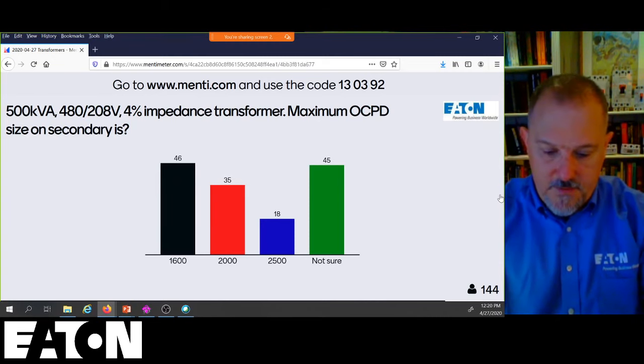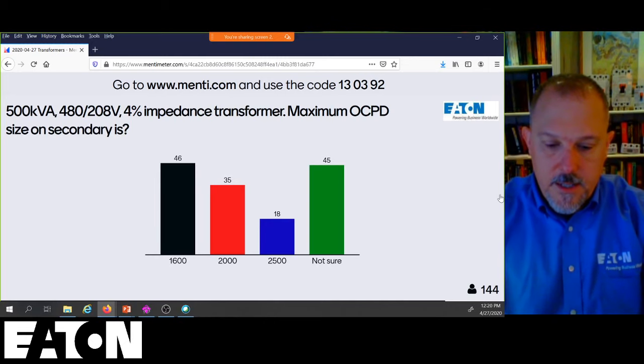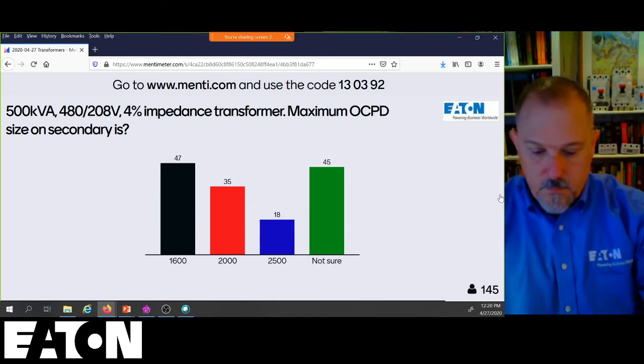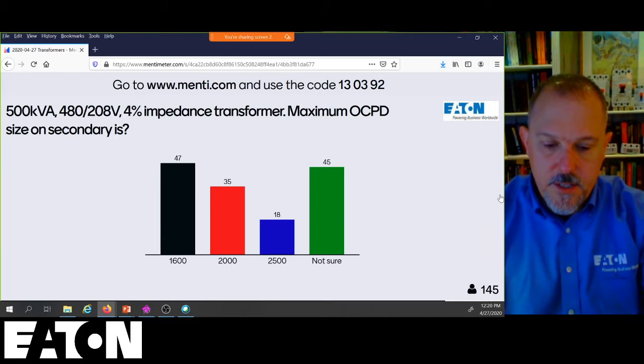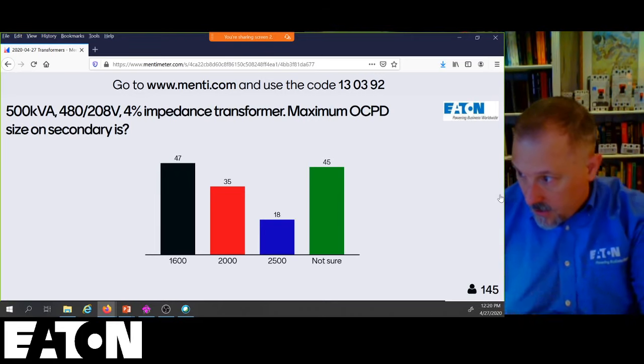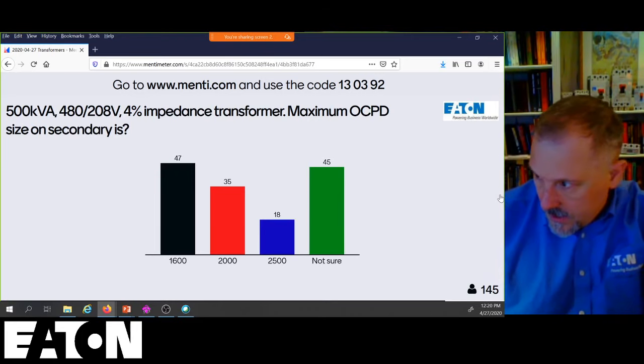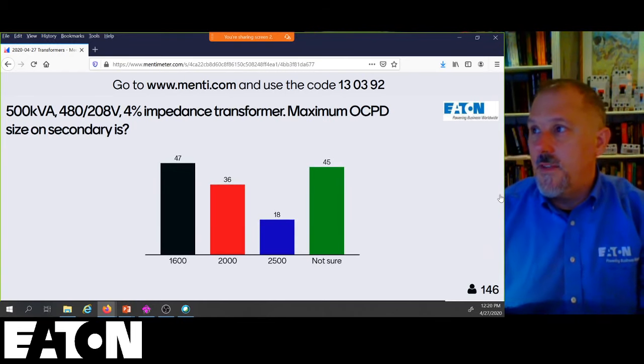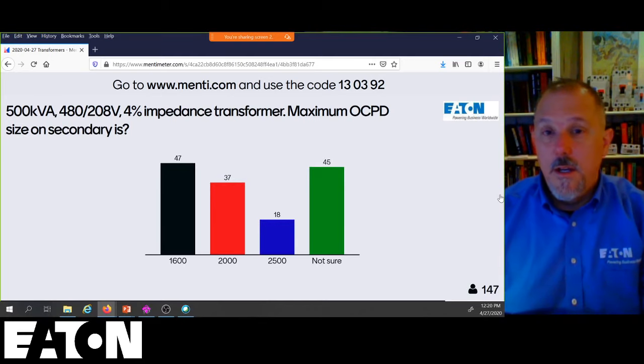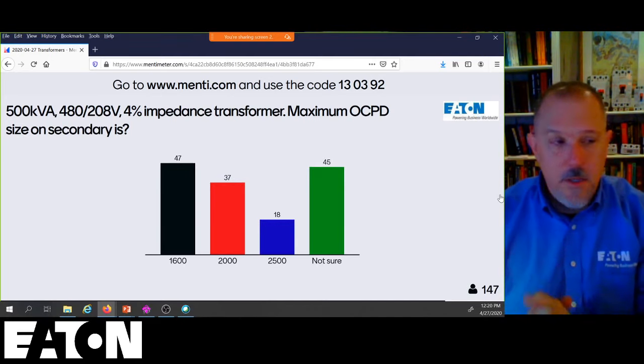I've got a 500 kVA transformer. Divide that by square root of 3, divide that by 0.208. That's 1387. 1.25 times that is 1734. I can go to the next higher, actually, and I would probably go to a 2,000 amp. So on the secondary, I can go to the next higher, and we'll talk about that in the table.